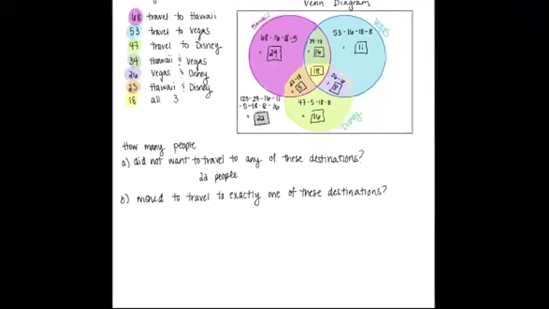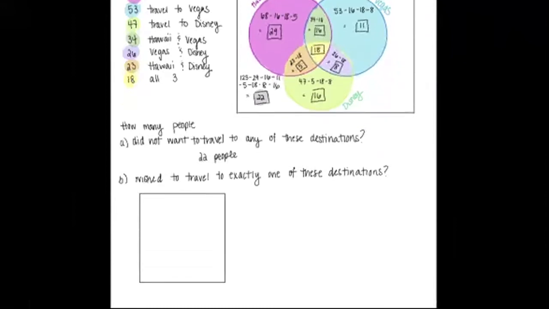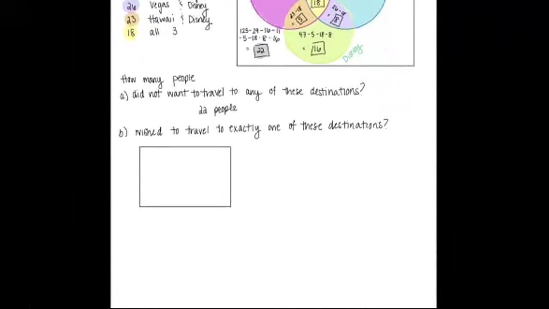And so that's going to be the ones that are unique to each set. So we've got all of our 3 sets. If they wanted to travel to exactly one, that would be this region here.